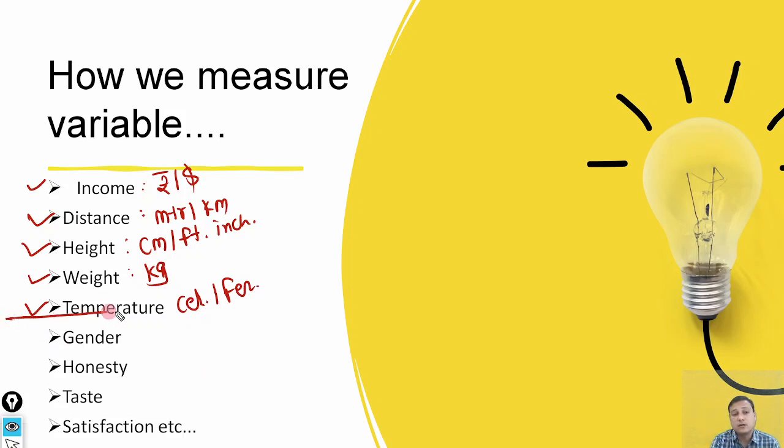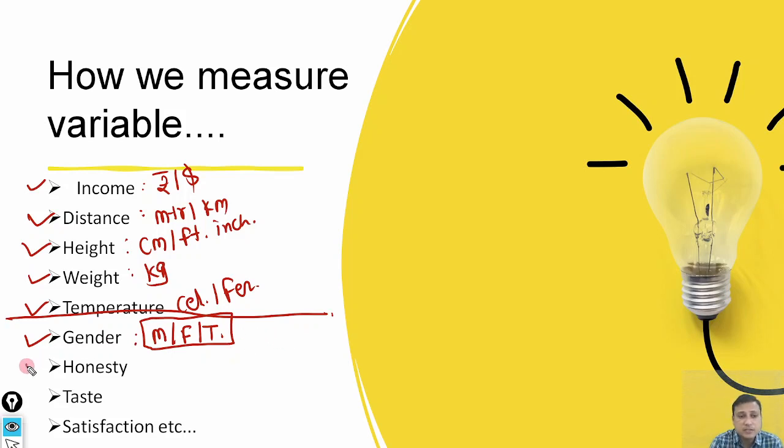Now, if I draw a line here and ask how we measure gender, do we have some measurement scale? For gender, we know that we are going to get any one response from this category: male or female or transgender. So we have some predetermined categories for some of the variables.